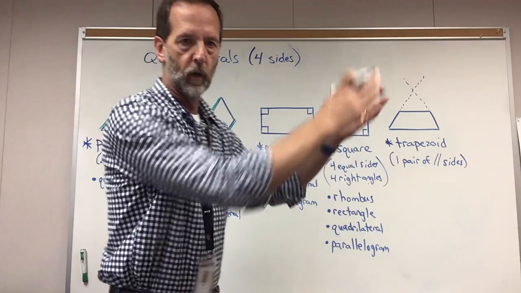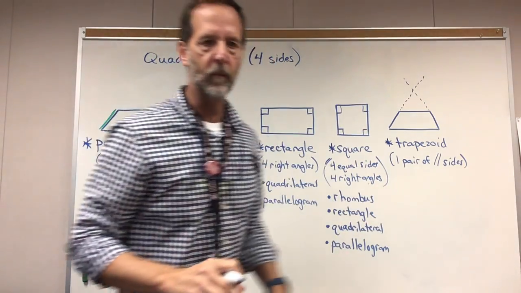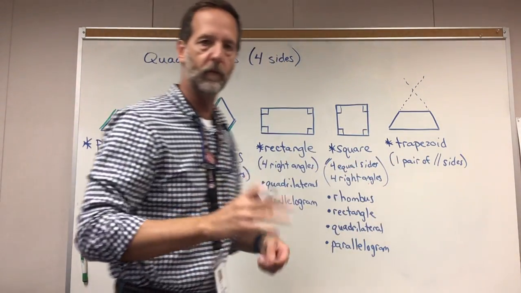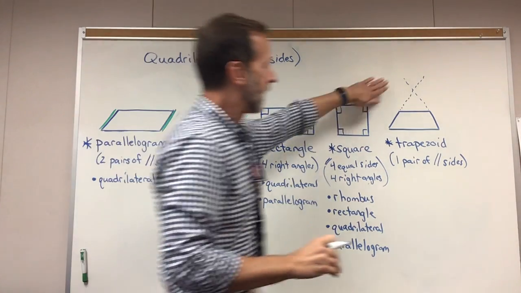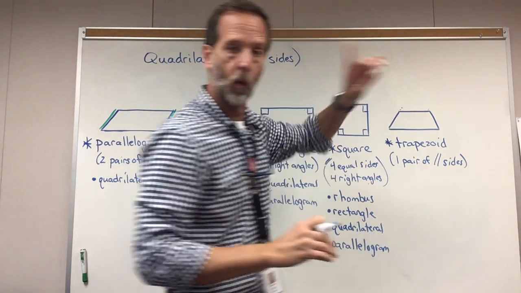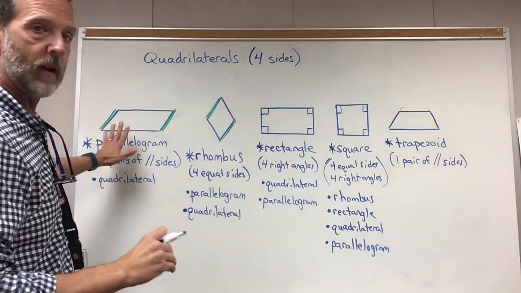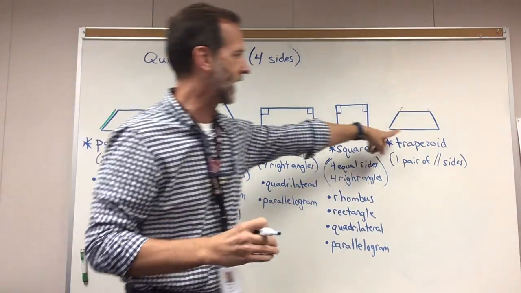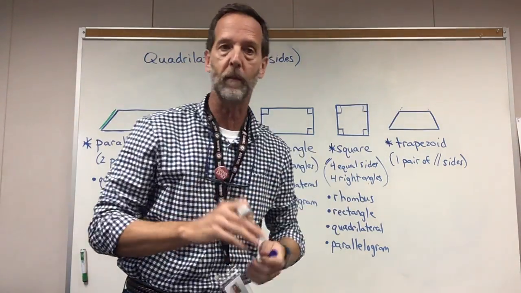And again, I drew those angled lines, okay? I don't want you to think it's more than 1 pair of parallel sides. All right, so it only has the 1 pair. It's not a parallelogram because a parallelogram has 2. This only has 1. The top is parallel to the bottom, and that's it.